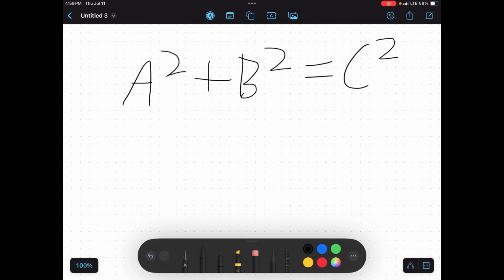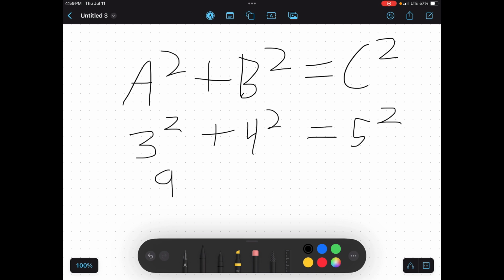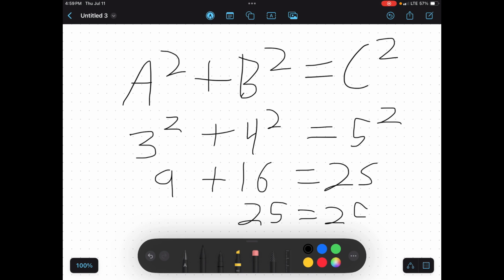The most simple Pythagorean triple is what's known as the 3, 4, 5 triple, meaning if I plug in 3 for a, 4 for b, and 5 for c, I can show that the Pythagorean theorem holds true. 3 squared is 9, 4 squared is 16, 5 squared is 25, and 9 plus 16 is also 25. So 3, 4, 5 is a Pythagorean triple, as those integers fit the Pythagorean theorem.